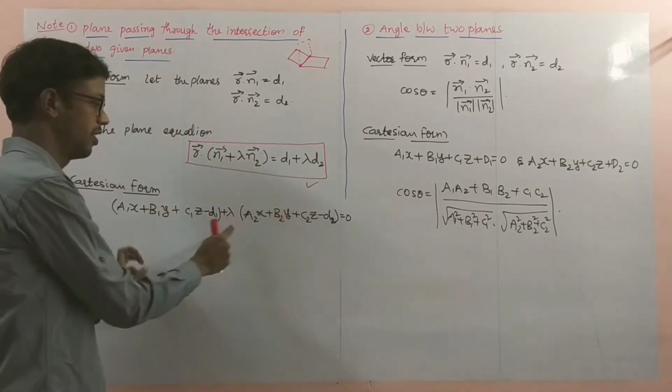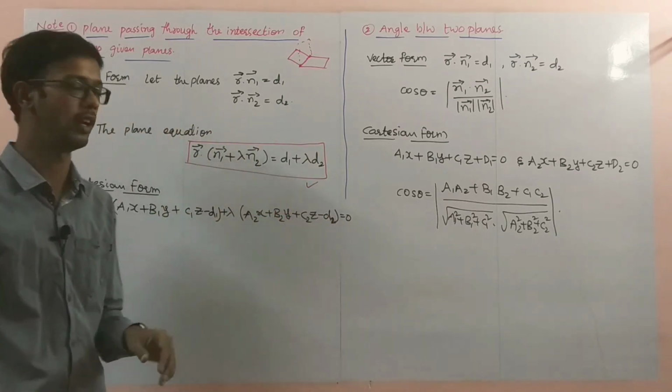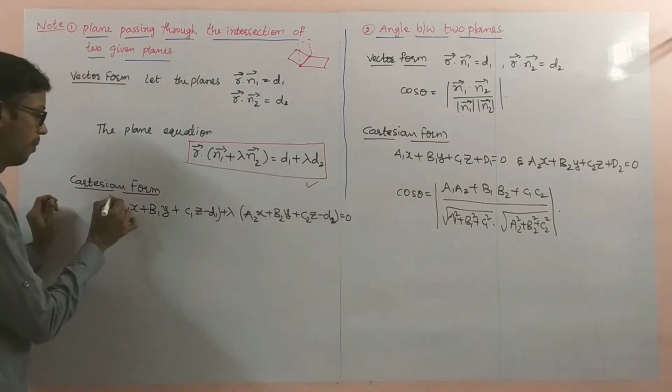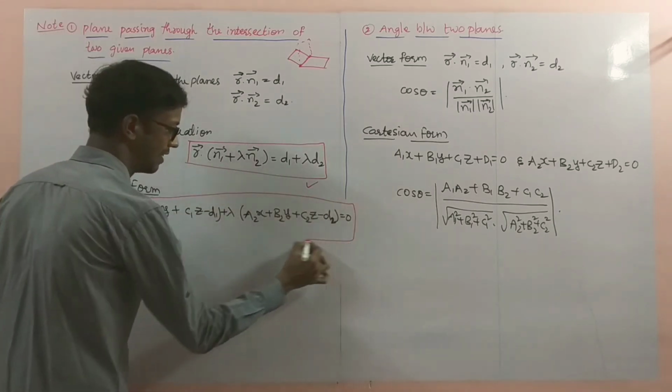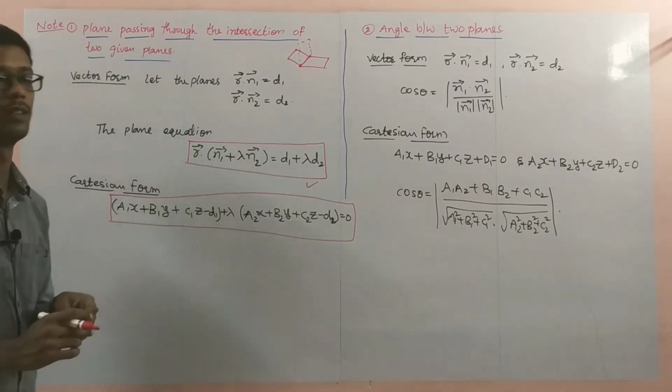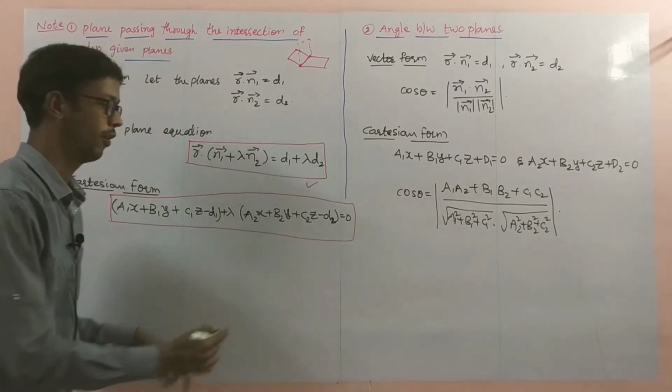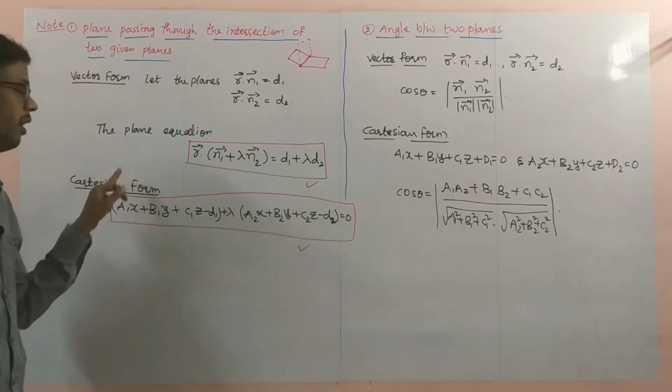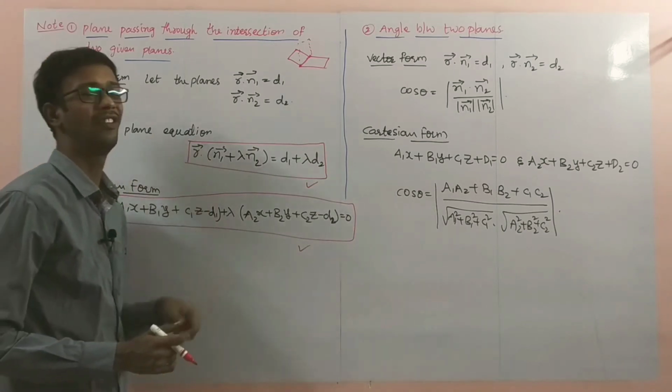The two plane equations, with lambda, you have to write. This is the Cartesian form of a plane equation passing through the intersection of two planes. This is one note point, Cartesian form and vector form.